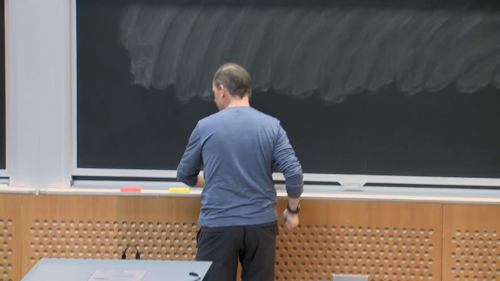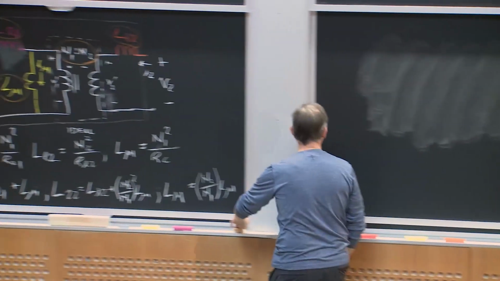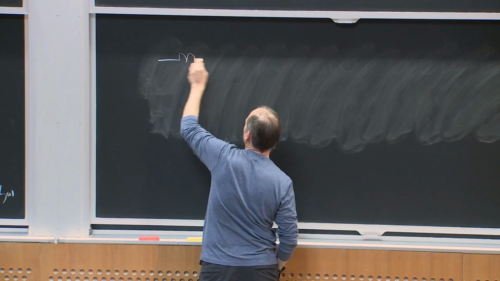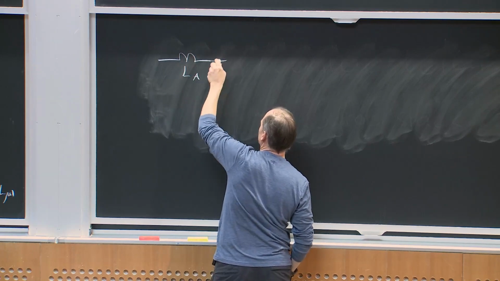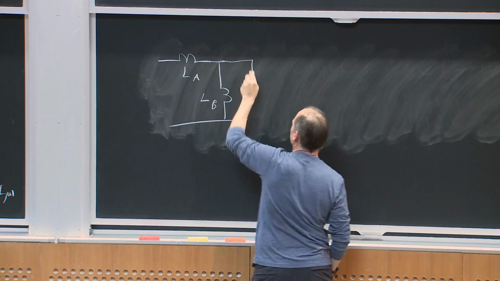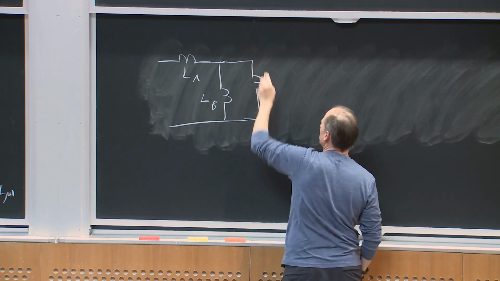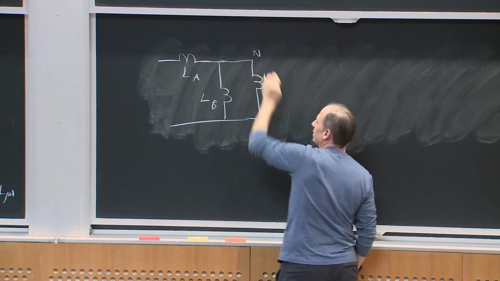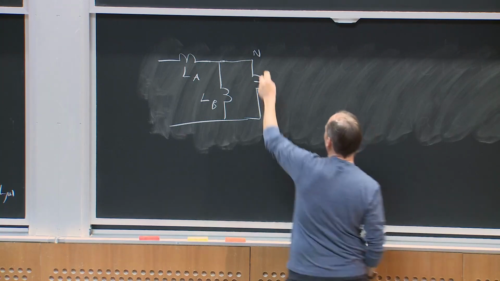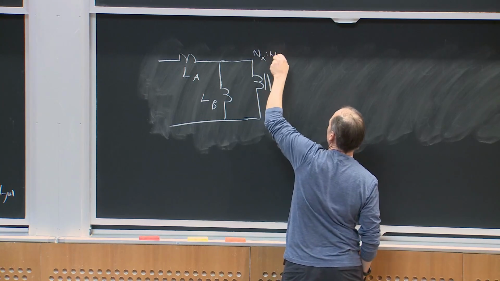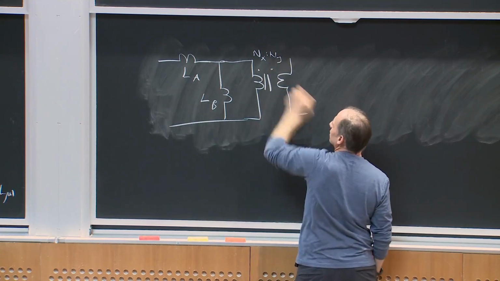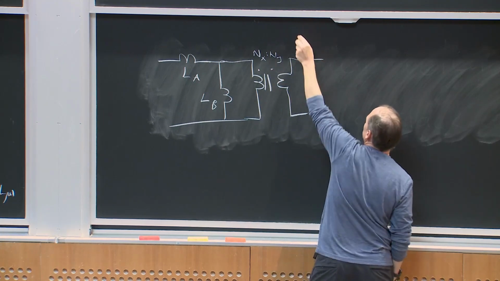So I might argue that I could create a circuit model that was really just like this. LA, LB, an ideal transformer. I think I just did NX to NY. And then LC.